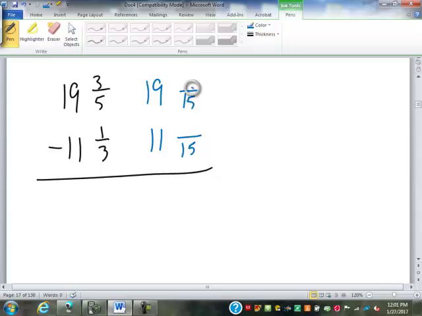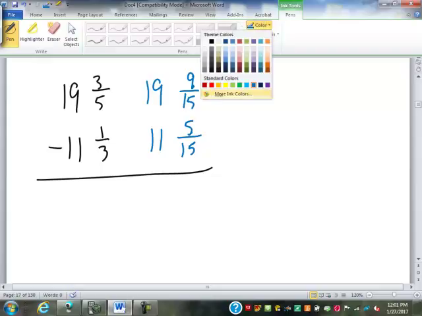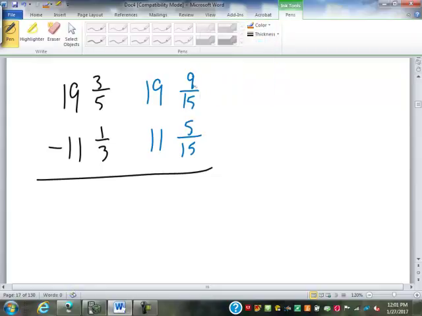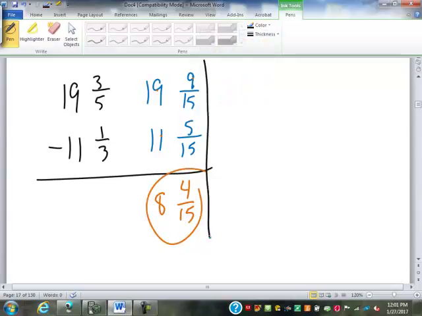This is going to be 9. And this one? 5. Good. So now when we subtract, 9/15 minus 5/15 is 4/15. 9 minus 1 is 8. 1 minus 1 cancels out. So 8 and 4/15.